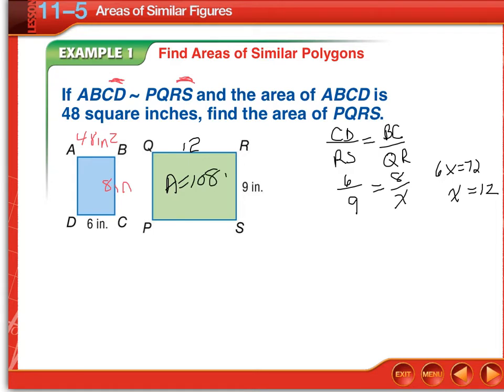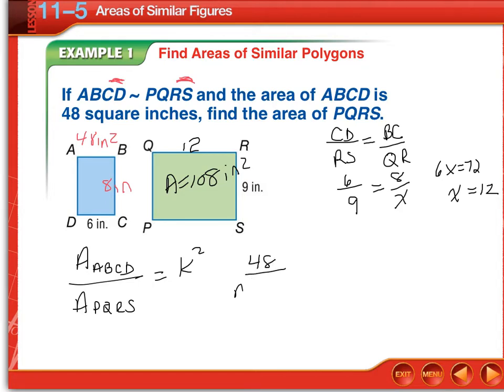However, let's try to work on the theorem itself. The theorem states that the ratio of the area of one polygon to the other is going to equal the square of the scale factor. So the area of ABCD is 48, and we're looking for the area of PQRS. Our scale factor, as we can see, is 6 to 9. So we could put that in and square it.